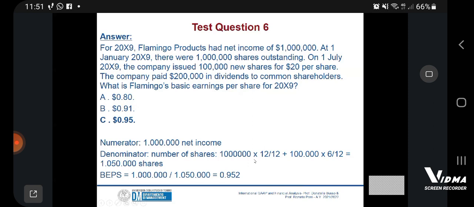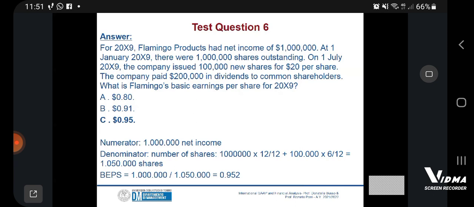These 1 million shares are outstanding and not changing. Whereas the new shares that I'm issuing on 1st of July, 100,000, are outstanding for only 6 months out of 12 months of the year. If we apply all these calculations, we find that the number of shares is 1,050,000 shares. Which is the other way to calculate the weighted average number of shares?